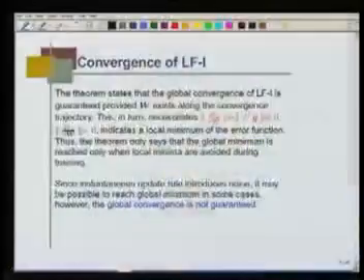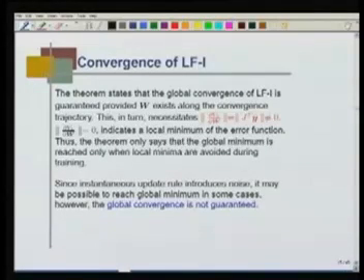This is our own work, the first time we derived an adaptive learning rate comprehensively, an expression for adaptive learning rate using the Lyapunov function method.